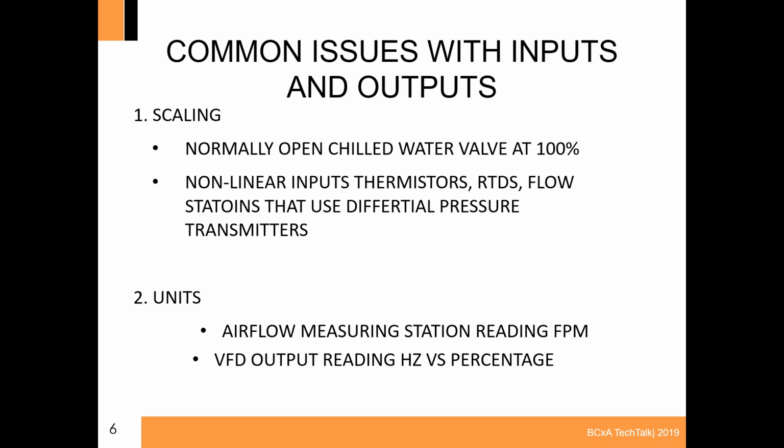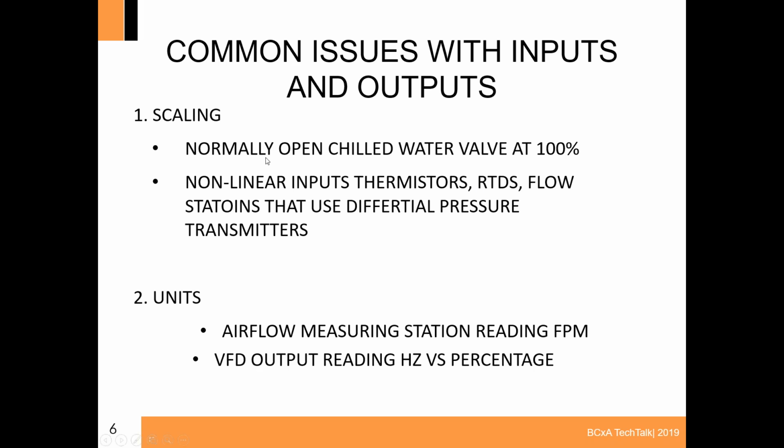So on the graphics, if you're looking at a normally open valve, you don't know it's normally open, and you see 100% output, that means it's closed. Don't let them do that, okay? That's something that, as a commissioning agent, I would not accept, because they could rescale that so that even though 100% output means it's closed, it can show on the graphic as open, which is how it should be, okay?